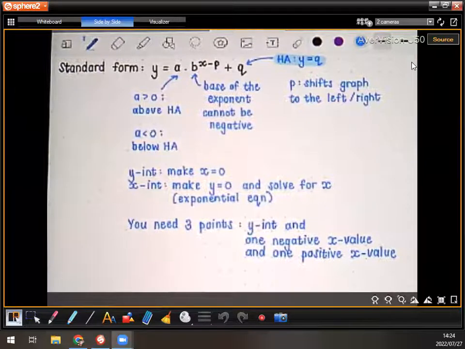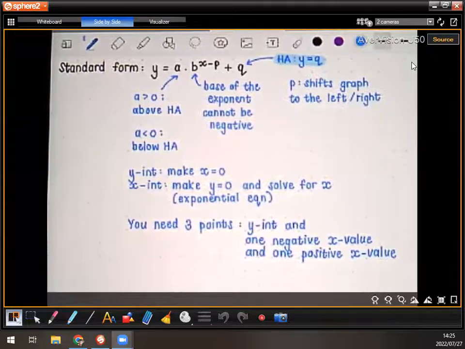Guys, the nice thing about the exponential graph is that it's 1 negative X value and 1 positive X value. Okay, so if your X-intercept is a negative value, you're going to choose a positive X value. If your X-intercept is positive, you're going to choose a negative one. Okay, so you'll see when we're doing examples, but it's not too bad, the whole choosing a point thing.